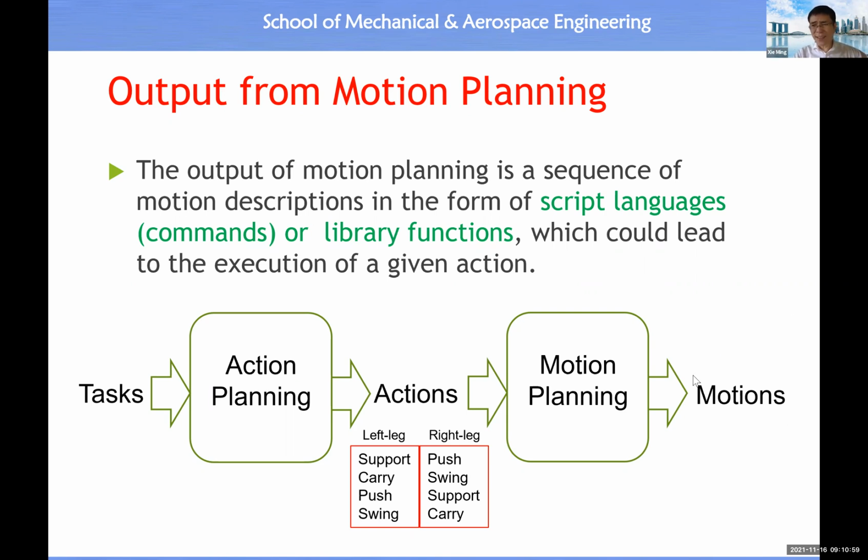So then the output of the motion will be motion description in the form of a script language. Script language means a language which is very close to mathematics. So you see commands are very close to programming instruction, programming language. Then or library function. A library function for sure is a part of a programming language.